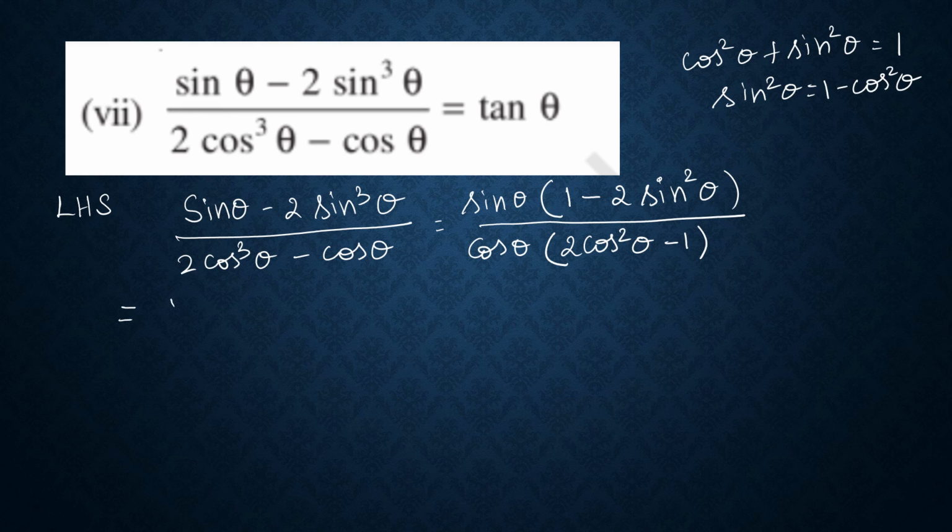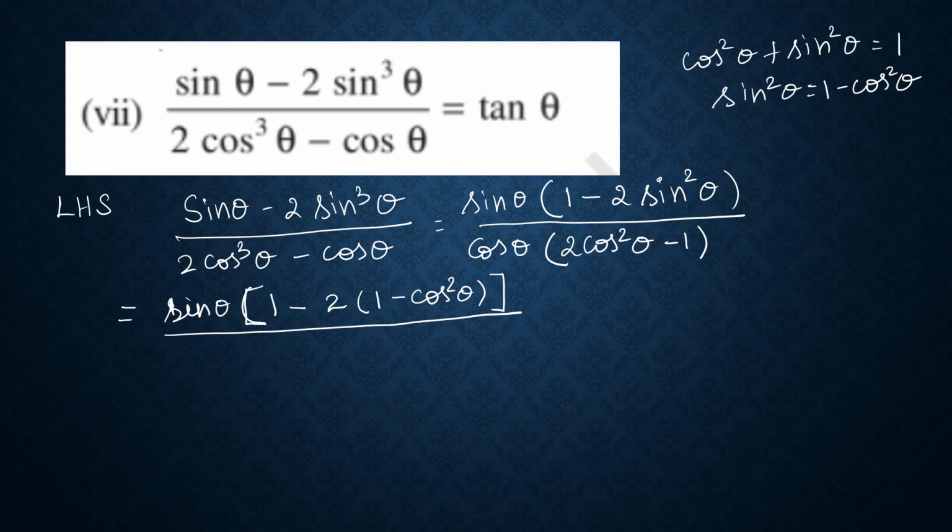So sin theta is there as such into 1 minus 2, and instead of sine square theta I write 1 minus cos square theta, in brackets, by cos theta into 2 cos square theta minus 1, right?